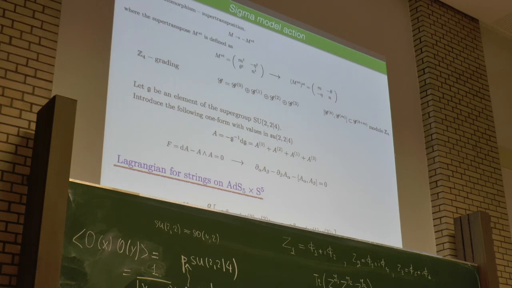G is equal to square root of lambda over 2π. This is what will be used throughout this presentation. Or g squared, sometimes I will use this.